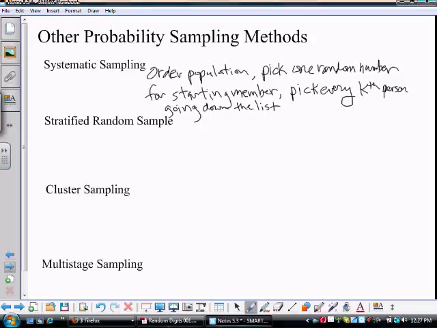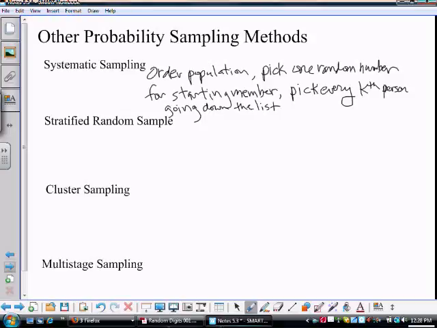That is a random sample. Every person in the population has the same chance of being chosen. It is not a simple random sample because every sample of size X does not have the same probability of being chosen.